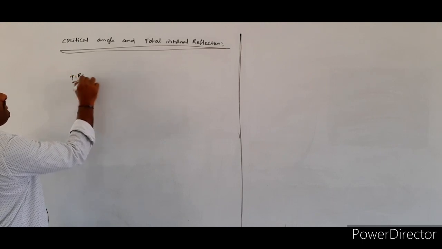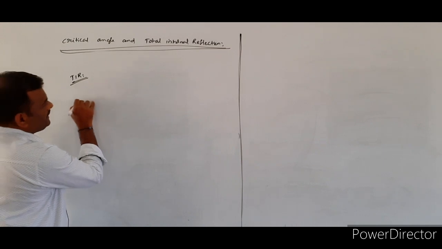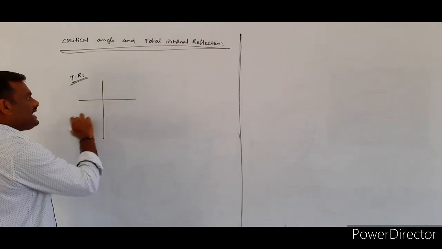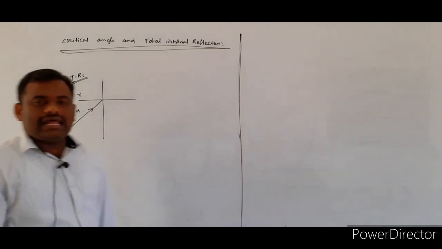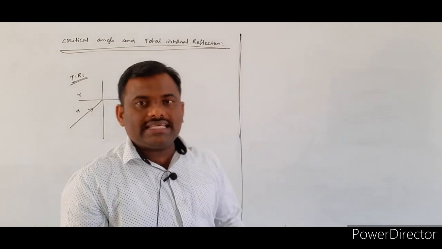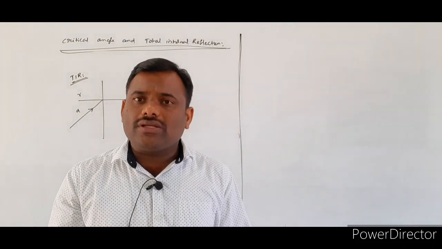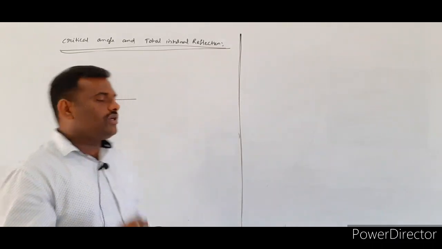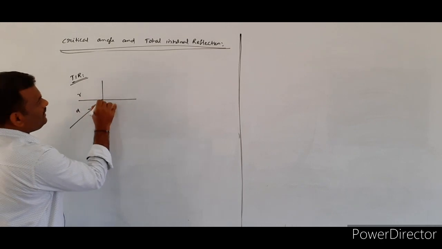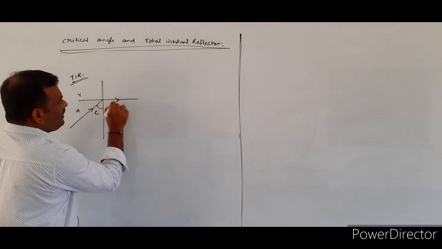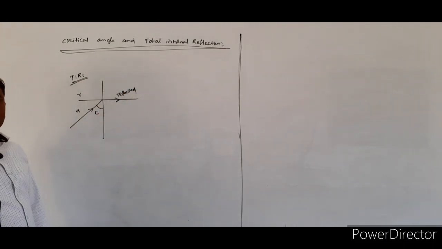Total internal reflection. Just now we discussed that whenever the light rays are traveling from the denser medium to the rarer medium, at a particular angle of incidence, that is nothing but the critical angle, the refracted light ray just grazes the surface.